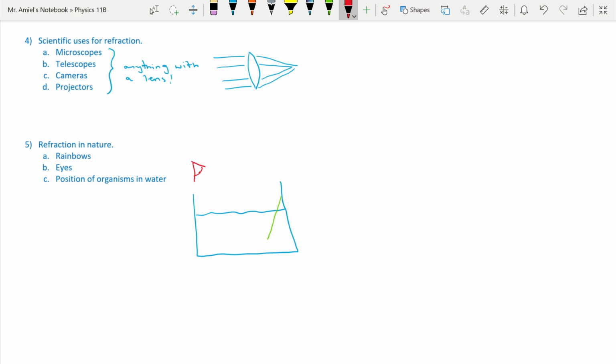What's going to happen is you're going to have light coming from your object, and when it hits the surface, it's going to refract, and in this case, we're going from our water to air, so we're going to a less dense medium. We're going to bend away from the normal.